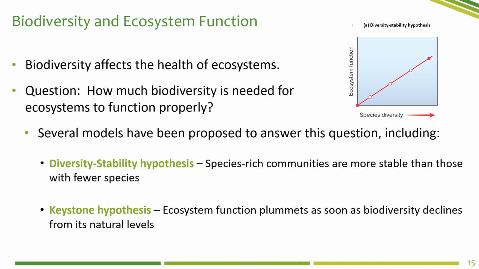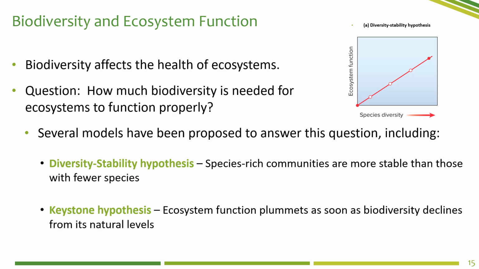So the diversity stability hypothesis says that species-rich communities are more stable than those with fewer. We've already talked about this in terms of disturbances and succession, but overall health can be related to species-rich communities as well.